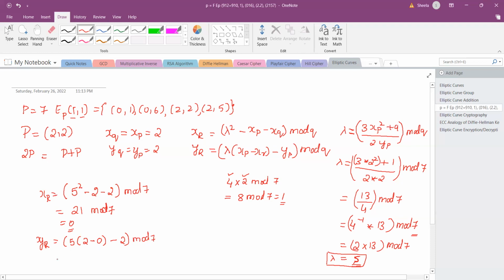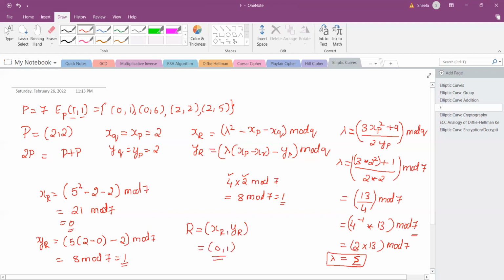Then 2 into 5 is 10. 10 minus 2 is 8. So we are going to get 8 mod 7, which is nothing but 1. So the resulting point R has the coordinates xr, yr as 0, 1.